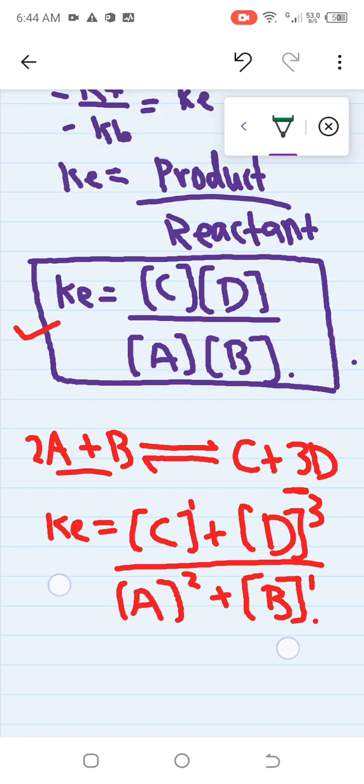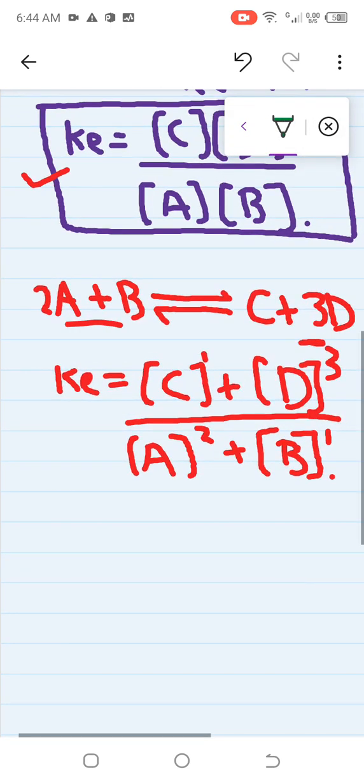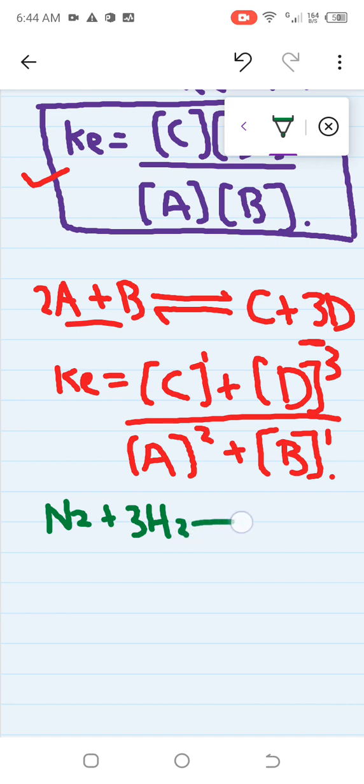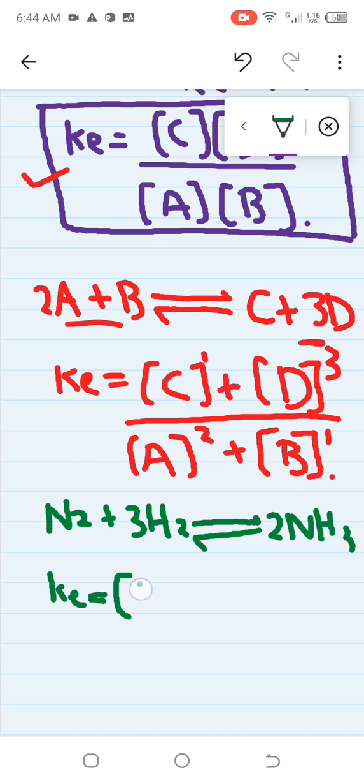Let's do another example. Suppose we have N2 plus 3H2 gives 2NH3. So the equilibrium constant will be NH3 power 2.